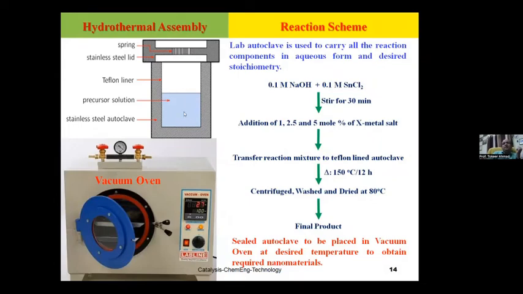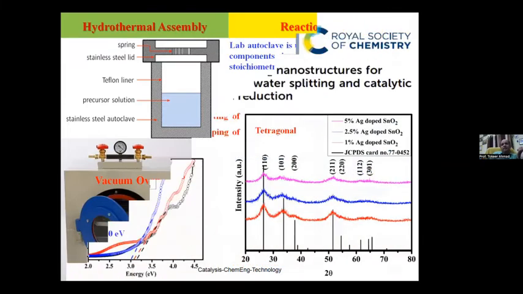Here you take the reaction mixture and place it, by fixing the stainless steel airtight lid, in the vacuum oven. These are the reaction steps: how much starting reagent you could take, and what the steps are. We have reported all the steps in our different papers. Finally, you are able to prepare the nanomaterials using this method.